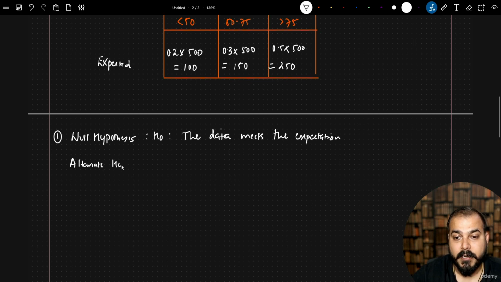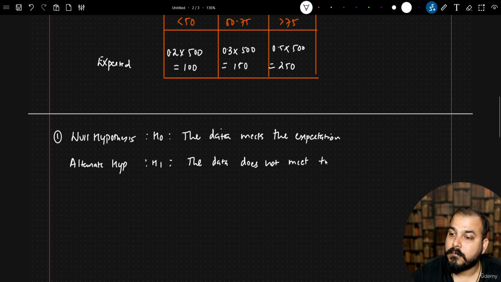Obviously my alternate hypothesis will be H1 and it will be the reverse of that: the data does not meet the expectation. It meets the expectation, does not meet the expectation. That is what alternate hypothesis will be.